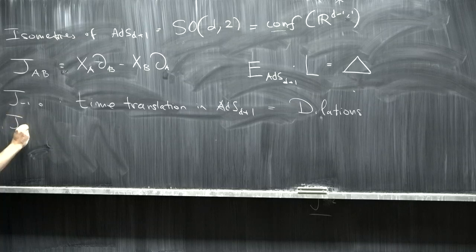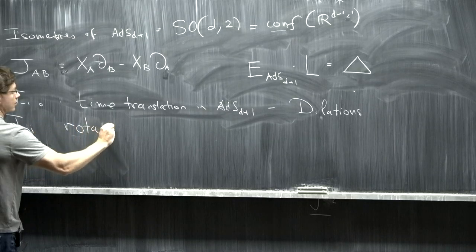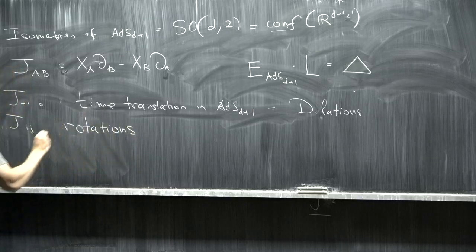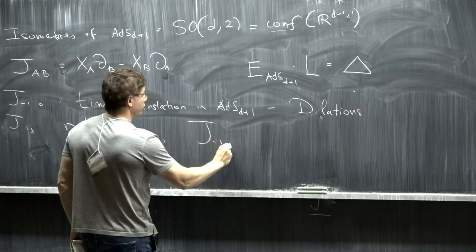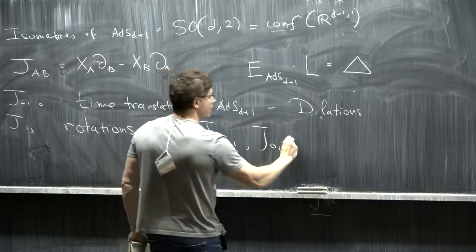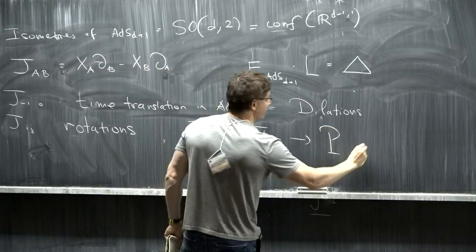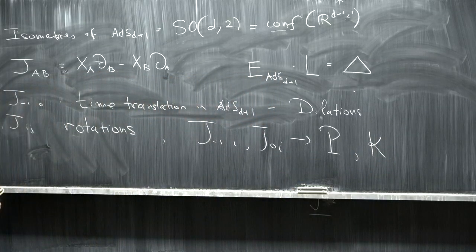Then the J_ij are just rotations. And J_{-1,i}, as well as J_{0,i}, they correspond to P and K. And what were the P and K in conformal field theory? They were the raising and lowering operators of the descendants. They act as ladder operators on the descendants.